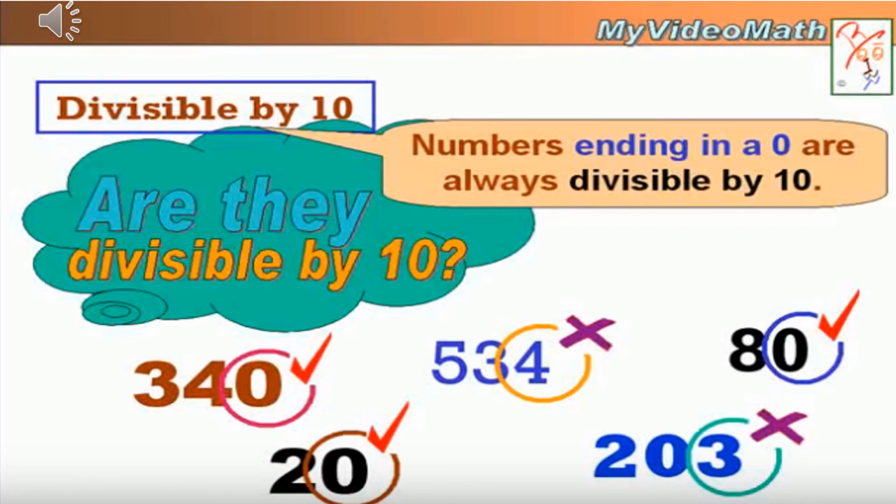Remember that the numbers divisible by 10 are the ones whose last digit is 0. So in this case, 340, 20, and 80 are divisible by 10. The two other numbers do not end in 0. That's why they're not divisible by 10.